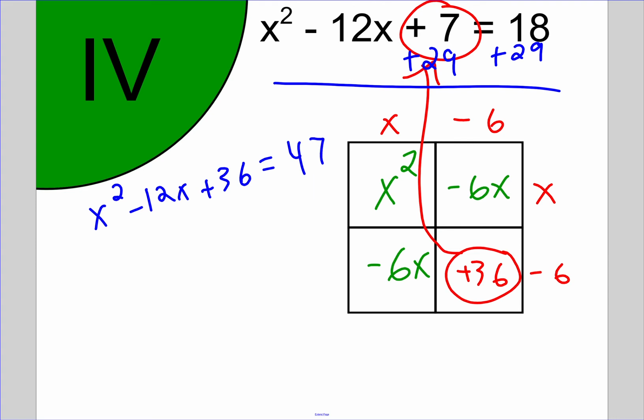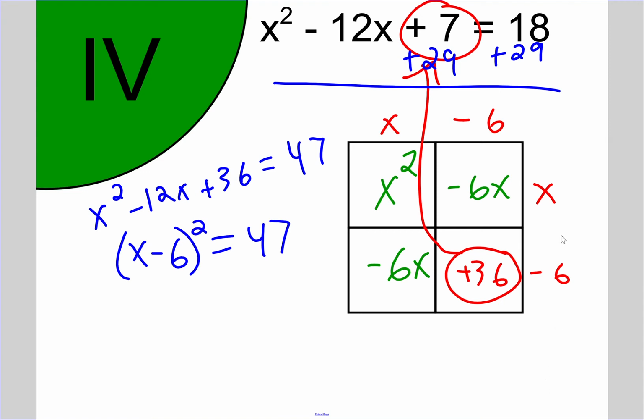So from here, we now proceed just like level 3. Once we've added 29 to both sides and made this a perfect square, we've begun to complete the square. We've made this left side into x minus 6 squared equals 47.